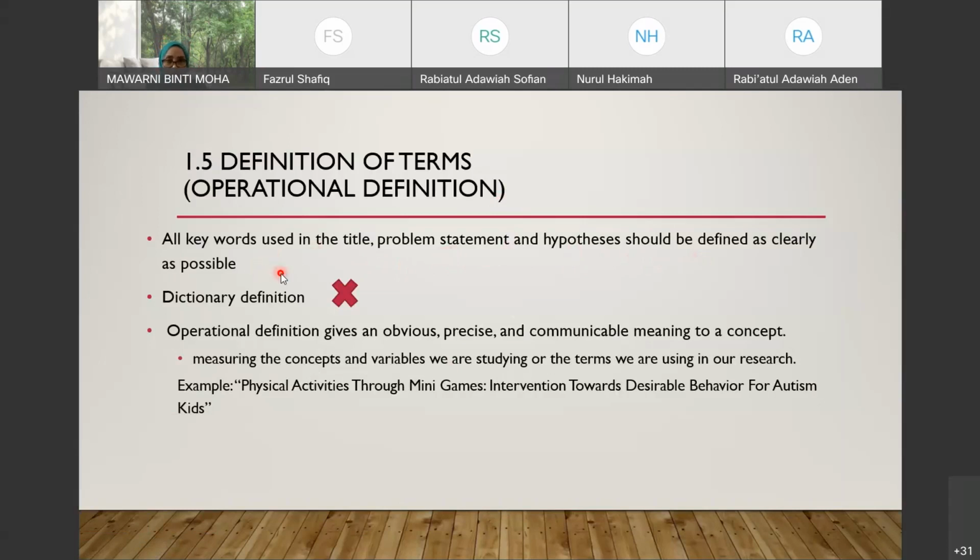Even the subjects. It is not a dictionary definition. You cannot say, according to Webster's dictionary, it states that blah blah blah. No, because an operational definition gives an obvious, precise, and communicable meaning to a concept.